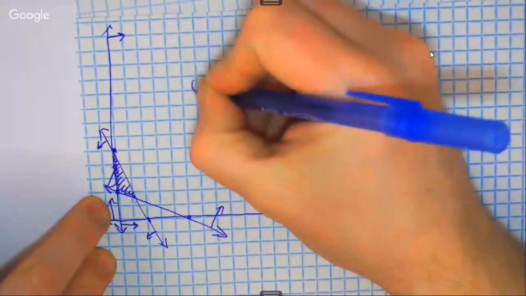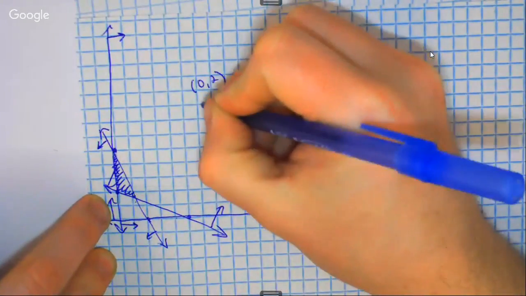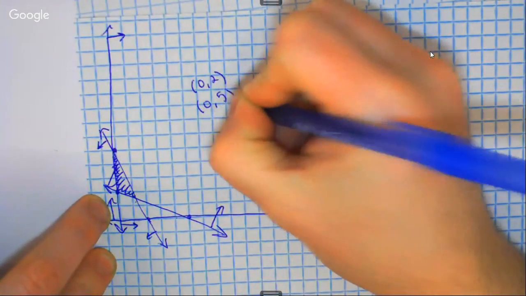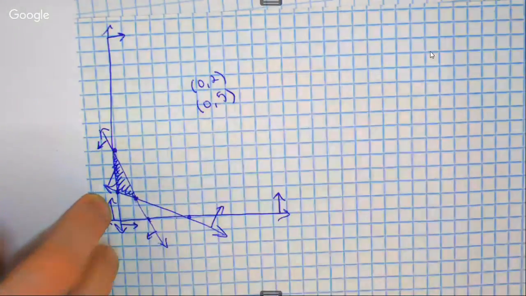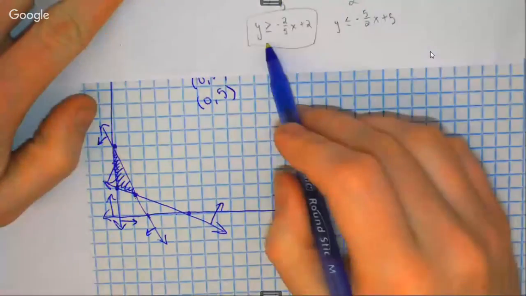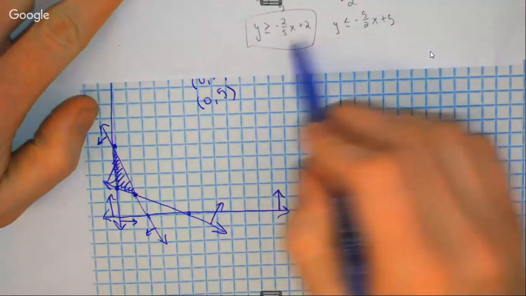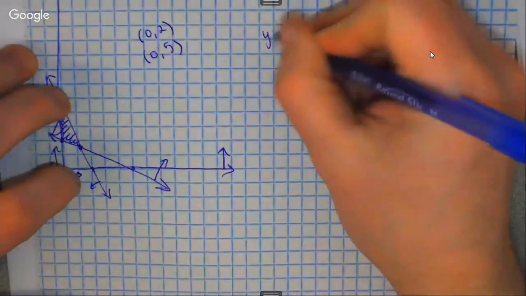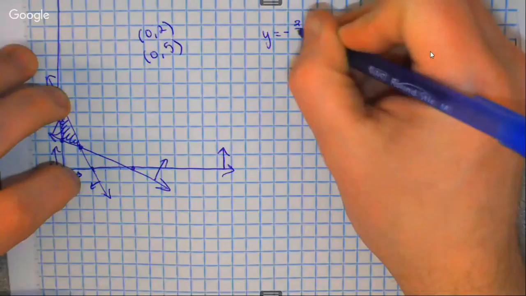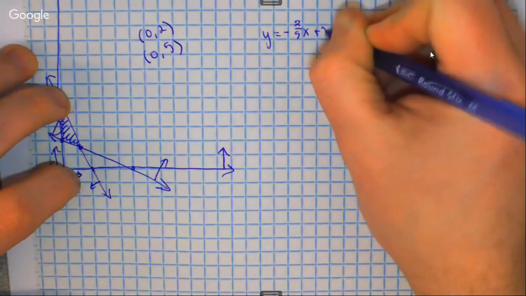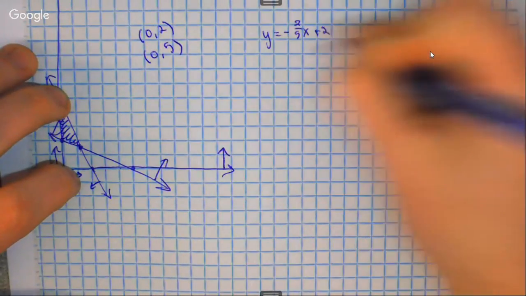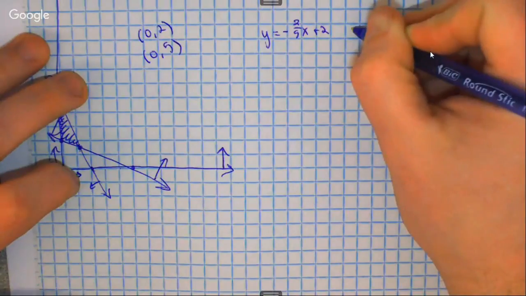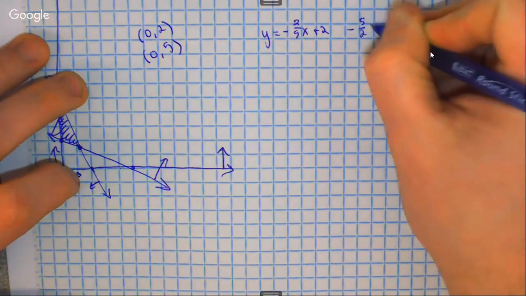Okay, right in there. So I need to find those ordered pairs of these vertices. So I know I have 0, 2, and I know I have 0, 5. But in order to find this intersection, I actually have to solve out this system with these two equations. Okay, so I'll just do that here on this graph paper. So I already have that y equals negative 2/5 x plus 2, and y equals negative 5/2 x plus 5.